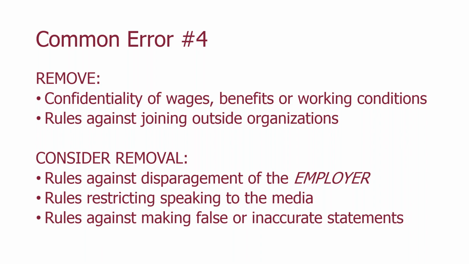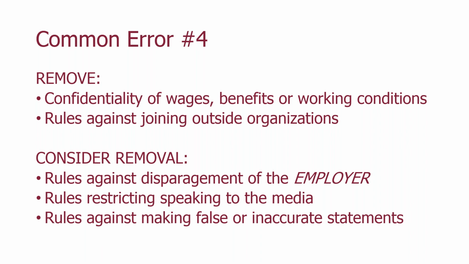Essentially, the National Labor Relations Board is trying to prohibit employers from discouraging union formation, but I've seen rules against joining outside organizations just in general in employee handbooks. Now, you could have a rule against joining outside organizations where there's a conflict of interest with your company, but you're going to need to specify that.